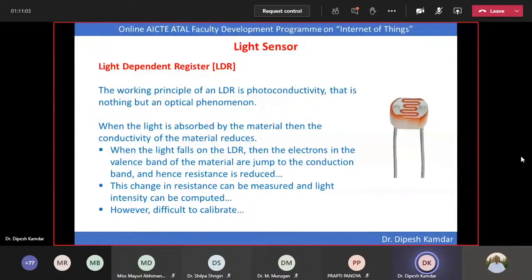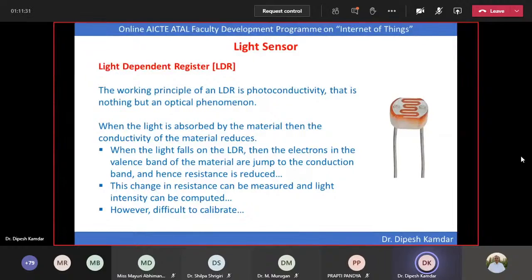If intensity falls below some specific level, meaning natural light is gone, then we need to turn on the outdoor lights. In that scenario, this sensor is useful because of its economical price. Otherwise, for finding out the light intensity, use of the LDR is very difficult.